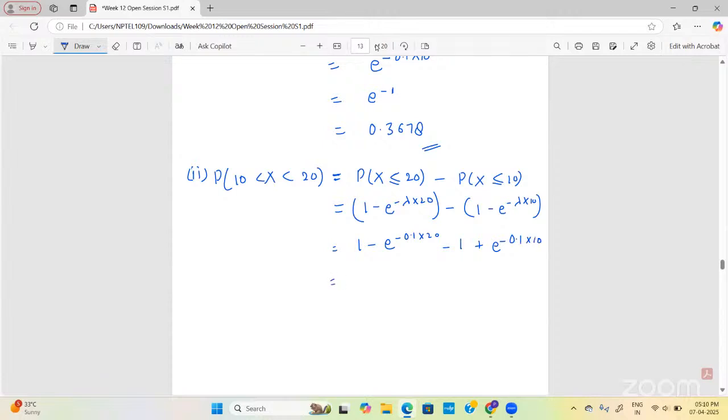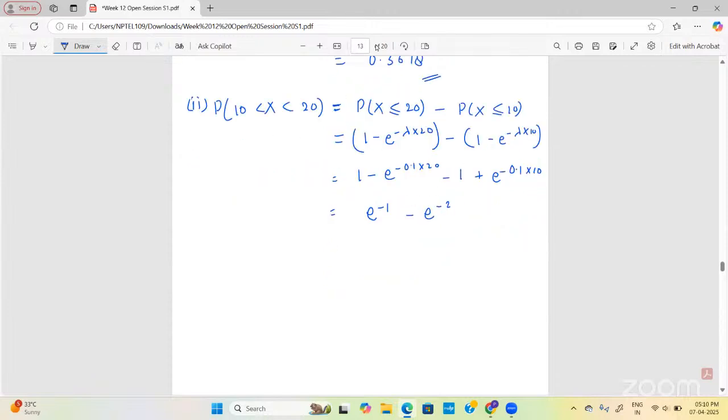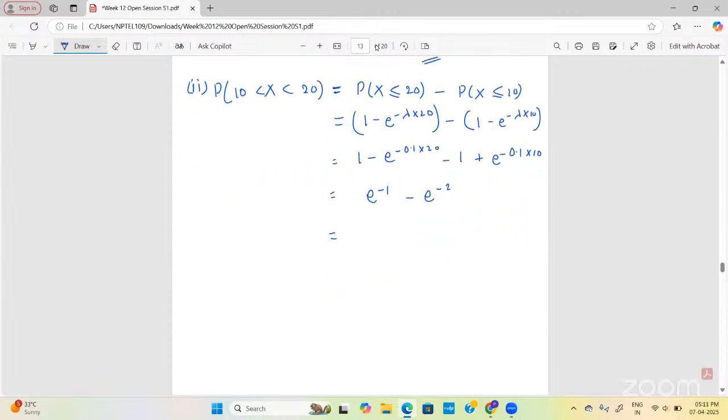So 1 will be cancelled out. It will become e to the power minus 1 minus e to the power minus 2. Okay, now just put the values. So this was 0.3678. And what will be the value for e to the power minus 2?